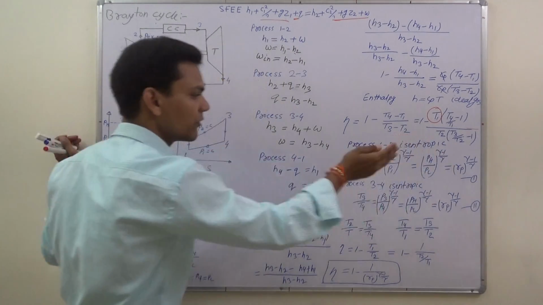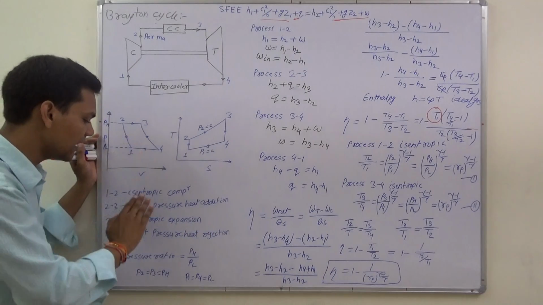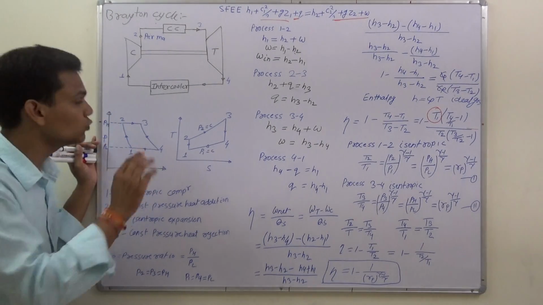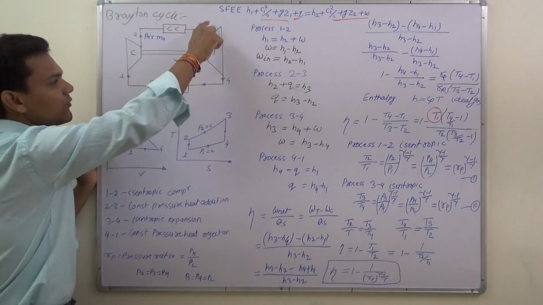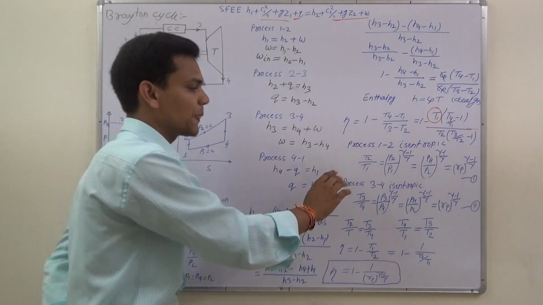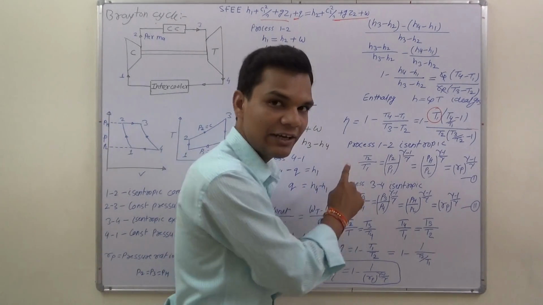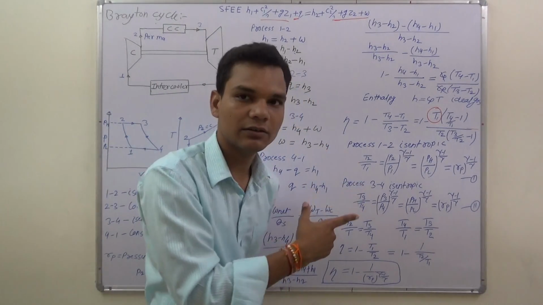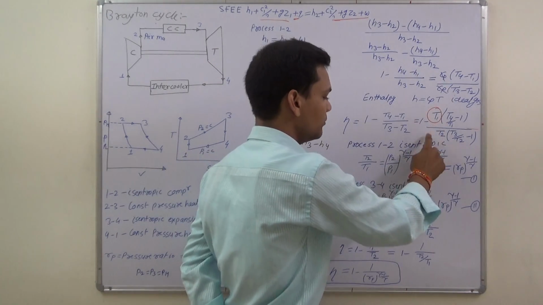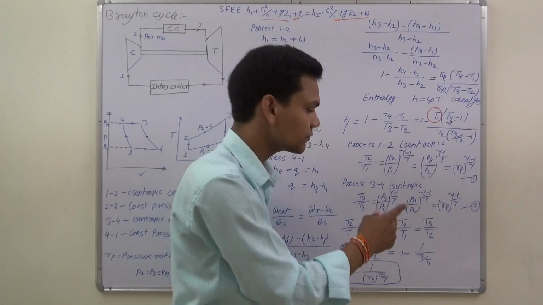If we want to write temperature in terms of pressure ratio, then we can apply the isentropic formula for the adiabatic process in the compressor and in the turbine. Process 1 to 2 takes place in the compressor, and 3 to 4 takes place in the turbine. I apply the adiabatic formula to change this temperature term into pressure ratio.